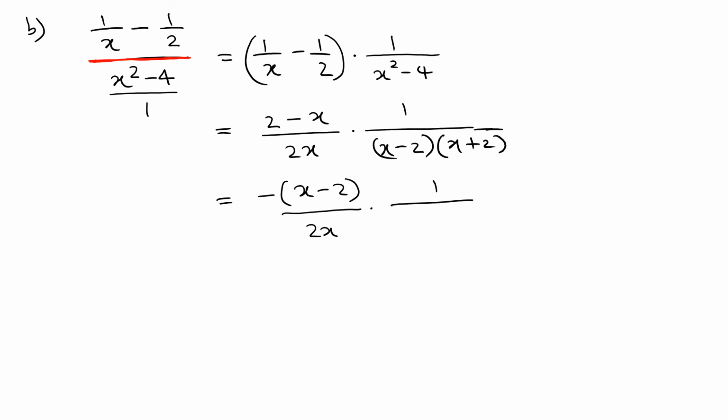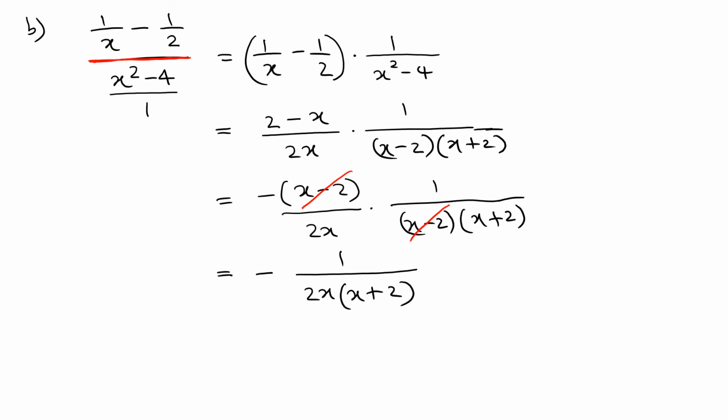Here we have 1 over x minus 2 times x plus 2. Now you can see that this term gets cancelled. That's the only term you can cancel. So you're going to get negative 1 over 2x times x plus 2. That is the final answer for this problem.